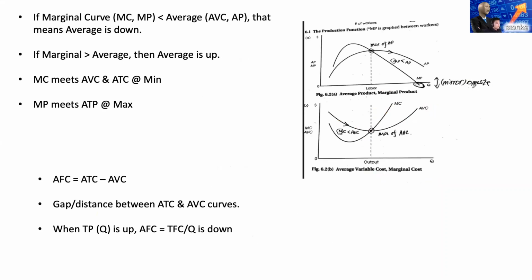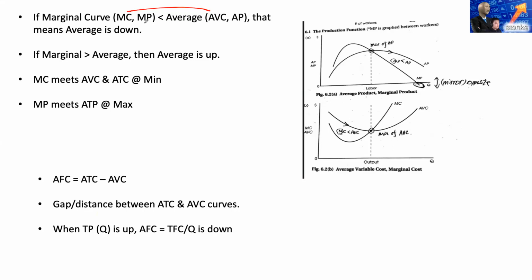So if the marginal curve is less than the average, that means the average curve is moving downwards. For marginal cost, it's with average variable cost.